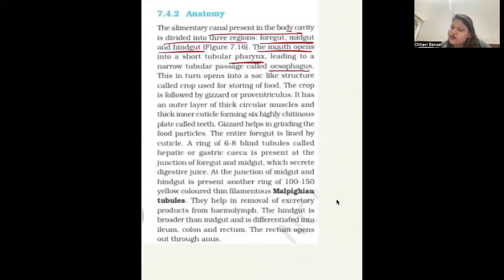This in turn opens into a sac-like structure called crop for the storing of food. Then crop leads to gizzard, which is made up of an outer layer of thick circular muscles and inner thick cuticle forming 6 highly chitinous plates called teeth. Gizzard helps in grinding.